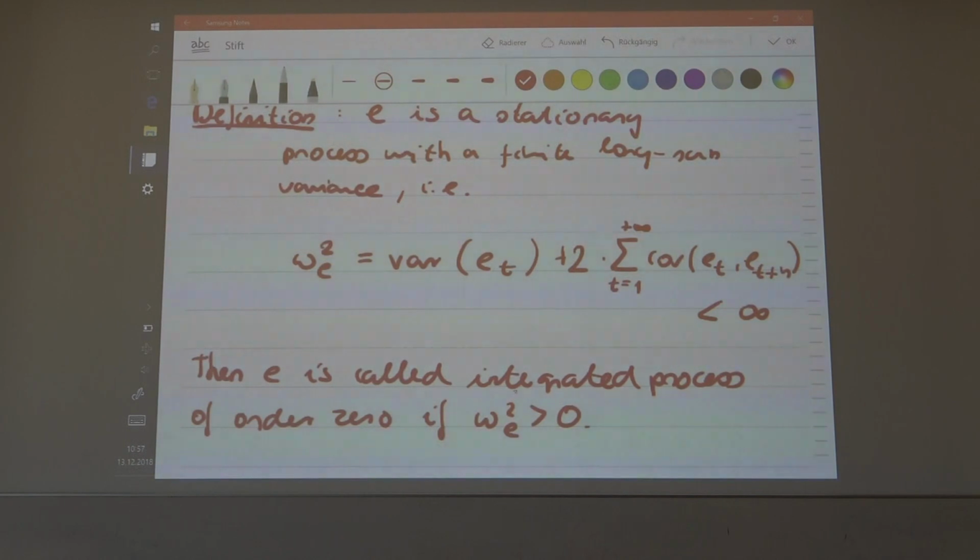So first off, the long-run variance has to be finite, and if the long-run variance is greater than 0, then the process is called an integrated process of order 0. Now, I will explain what order 0 means.